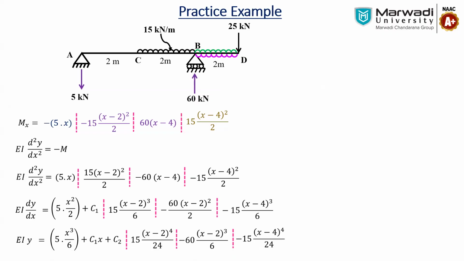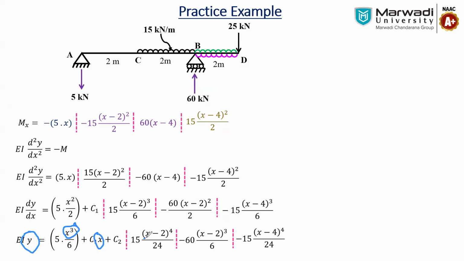So if you put the first boundary condition in this, x equal to 0, y equal to 0, that means the deflection at A will be 0. So in this equation, if we put x equal to 0, y equal to 0, this term will be 0, this term will go to 0.